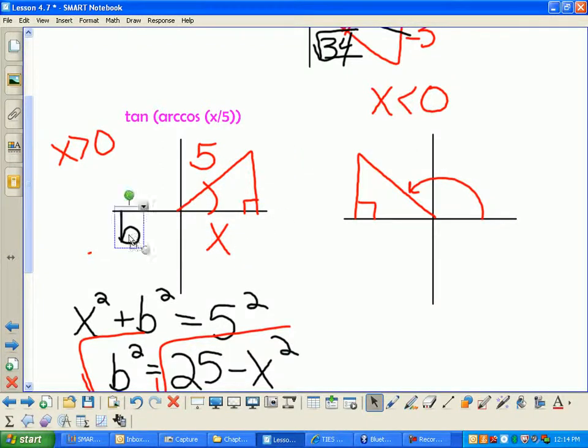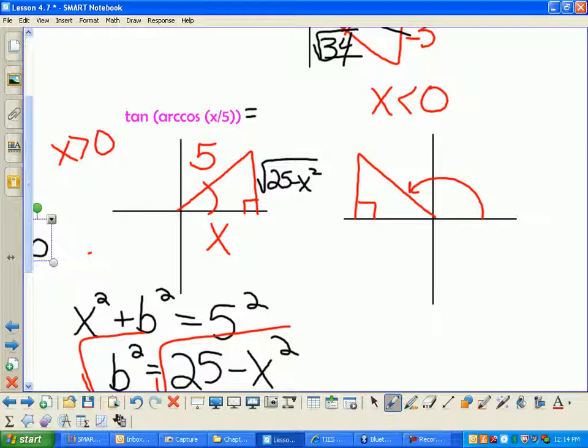So it just so happens in this case, if you forgot that plus or minus and you just wrote this, you are okay. So in the case where x is positive, your triangle is drawn in the first quadrant, and tangent will be opposite over adjacent, and there's your answer.